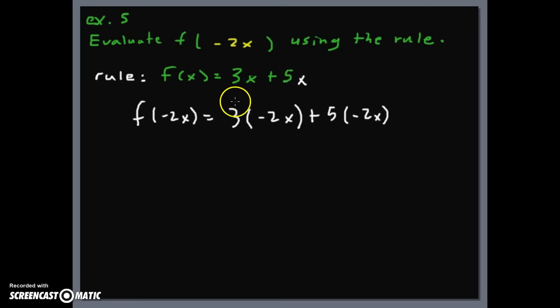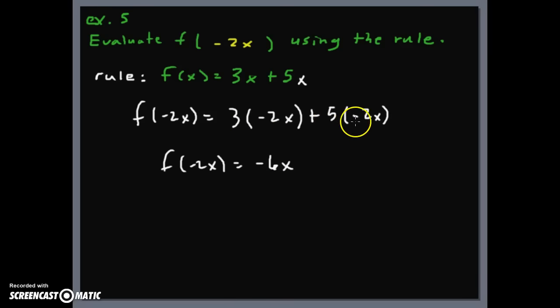So I'm changing this function rule to show you that if there is more than one x, then you put your input in for every single x that you see. So here we have two x's, and we can say that f of negative 2x equals, and we can simplify both of these. We've got 3 times negative 2x is a negative 6x.